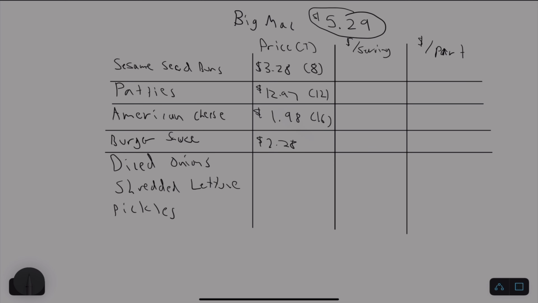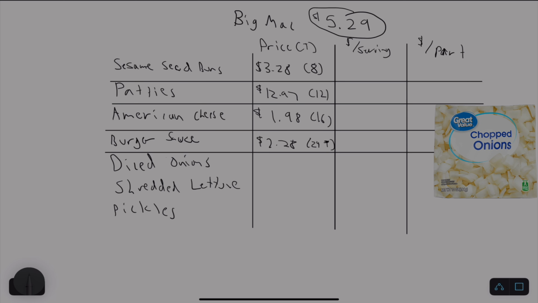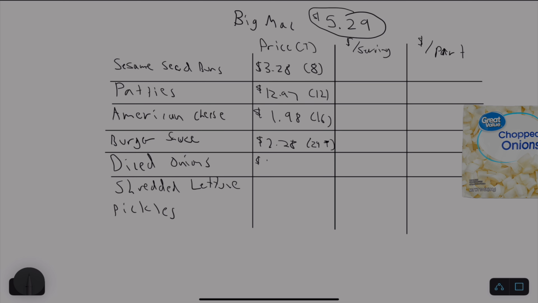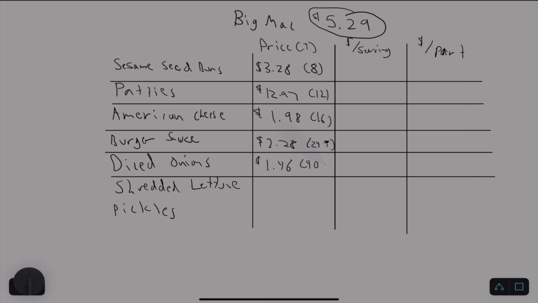And that is for a total of 24 tablespoons, and we're going to put that with a capital T. Diced onions. These are the Great Value frozen chopped onions, and they're going to cost $1.46. And the servings are going to vary, but it came to around 40 tablespoons.